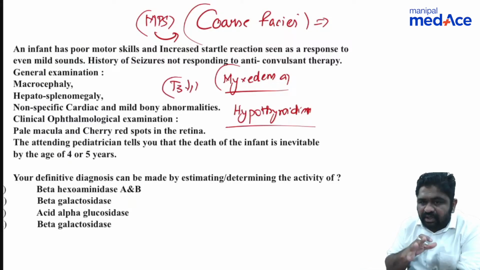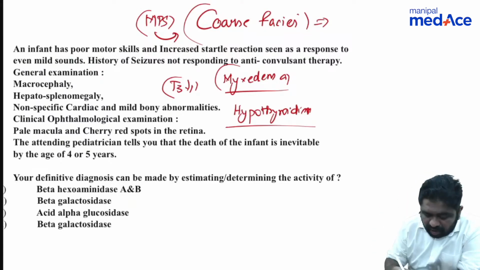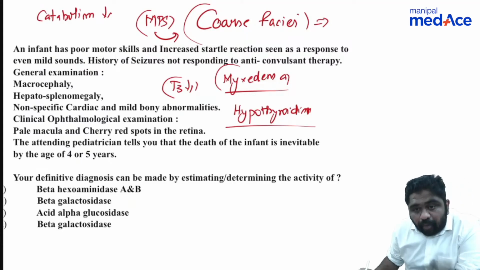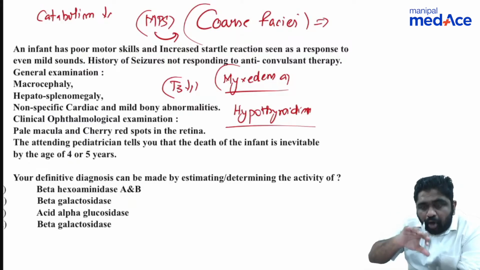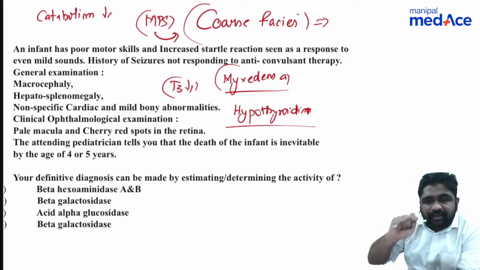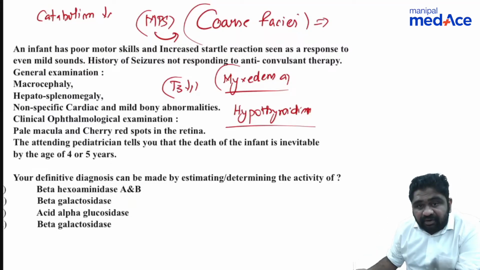T4 is also lesser, but T3 being lesser is the most important thing. So when T3 is lesser, the metabolic reactions become slower. So catabolism is lesser, and clearance of mucopolysaccharides becomes lesser. The mucopolysaccharides accumulate all over the body, especially in the lower limb, because of which there is a poor response to the knee jerk reflex. This is referred to as myxedema.